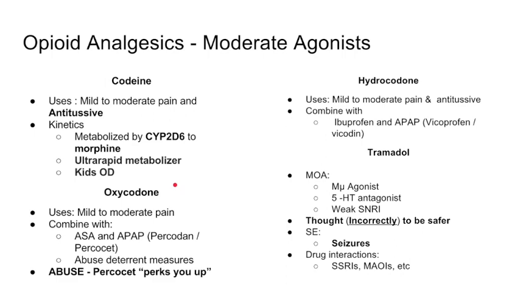Oxycodone is another one that's mild to moderate in potency. It's often found in combination with ASA as aspirin and APAP as Tylenol, as Percodan and Percocet. It has many abuse deterrent measures. For example, OxyContin, which is just a brand name of the long-acting form of oxycodone, has an uncrushable coating.